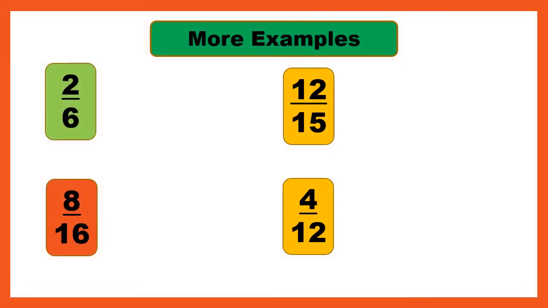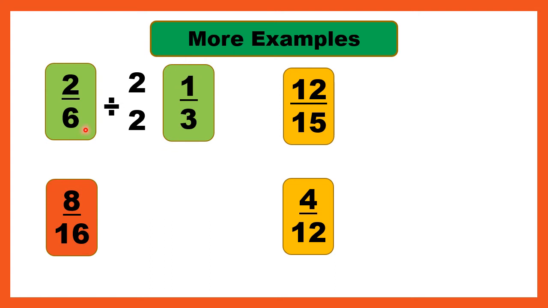More examples. Remember that the number you divide to your numerator should be the same number you divide to your denominator. Let's say you have 2/6. Divide 2/6 by 2. 2 divided by 2 is 1. 6 divided by 2 is 3. 2/6 and 1/3 are equivalent fractions.